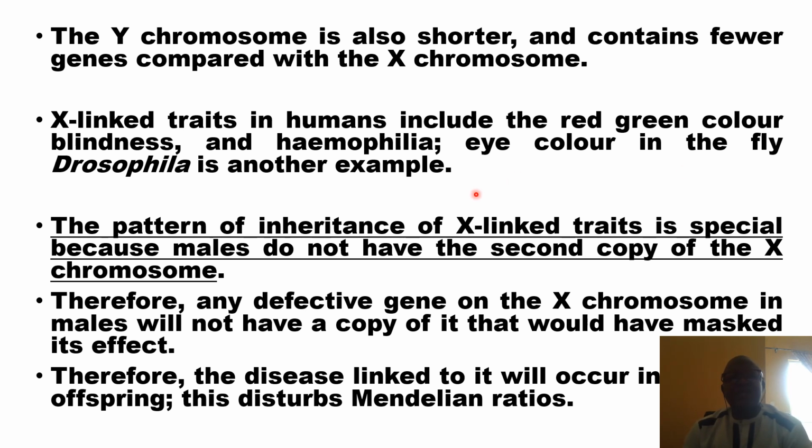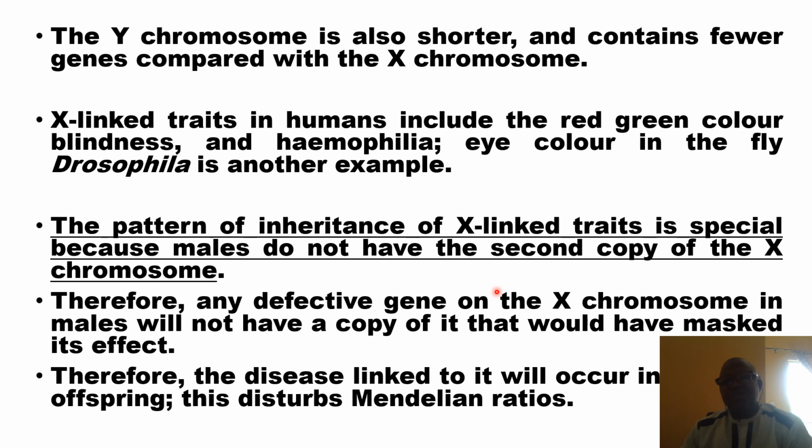Examples of X-linked traits in humans are red-green color blindness and hemophilia. The eye color in Drosophila, the fly, is also another example of an X-linked trait. The pattern of inheritance of X-linked trait is special because males do not have a second copy of the X chromosome.